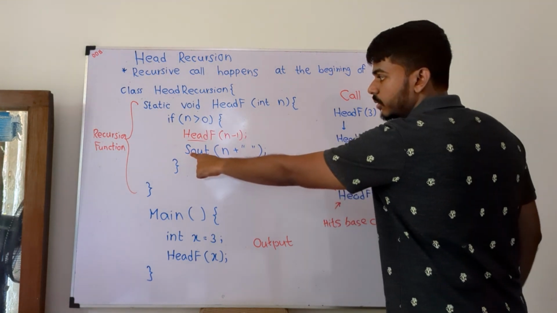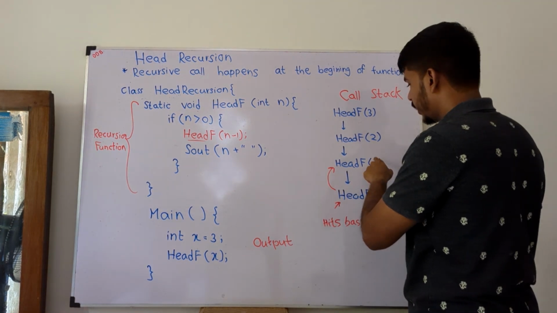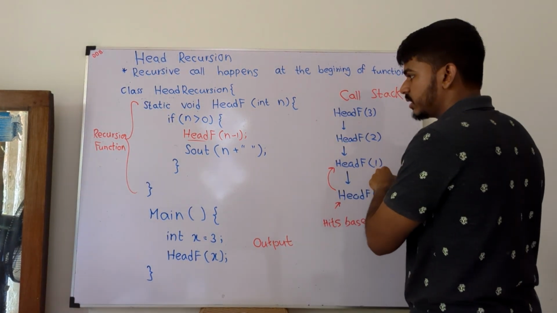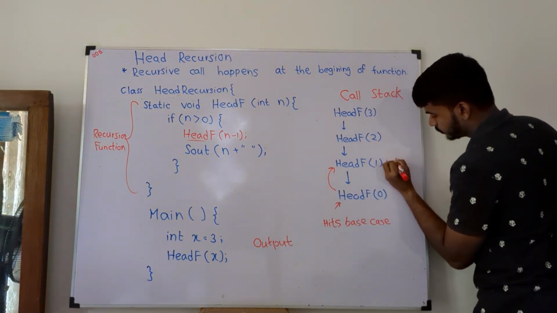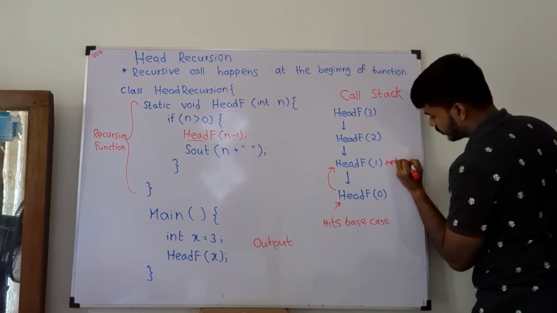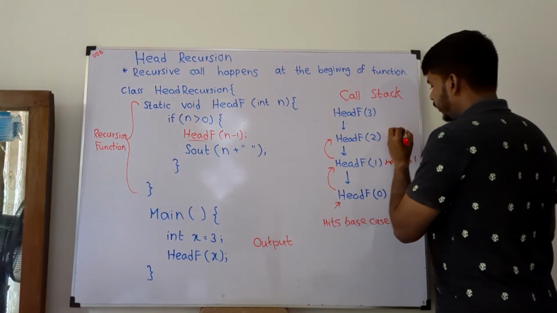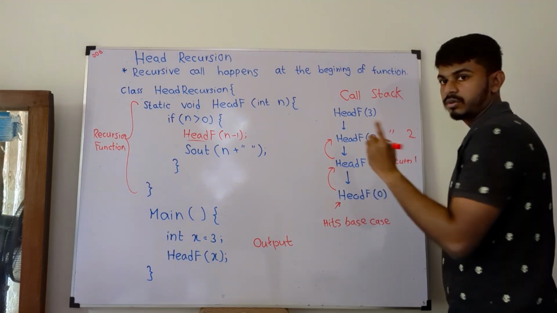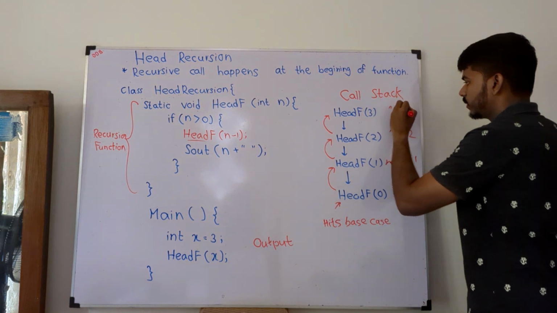So the operation is going to be sout10, printing the number we have given to that function, which is 1. This is returning 1. Then it's going to go up the stack again, returning 2. Then going to go up the stack again, returning 3.